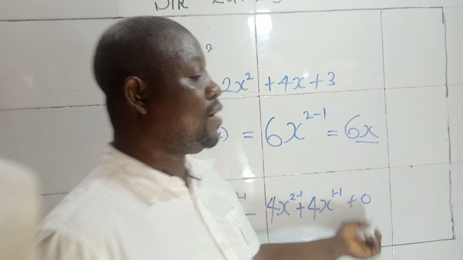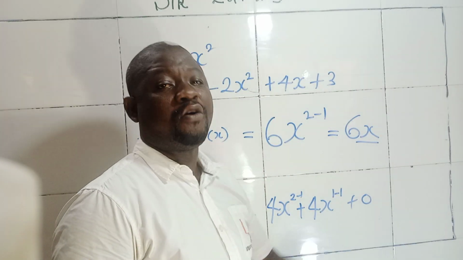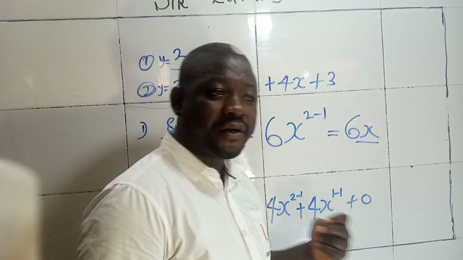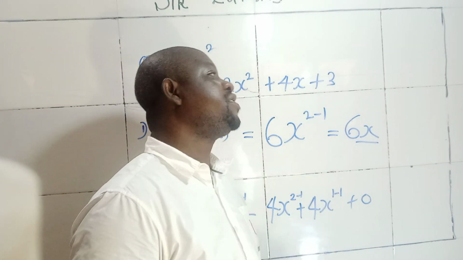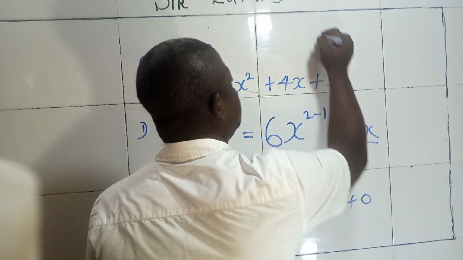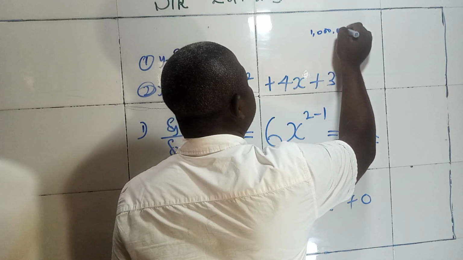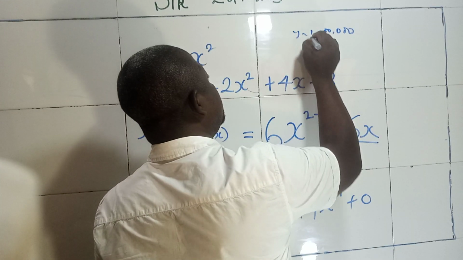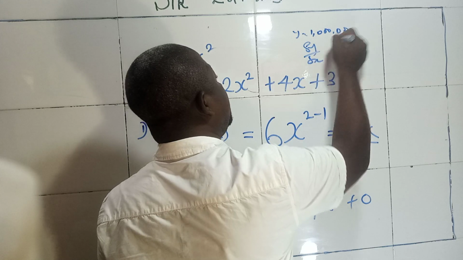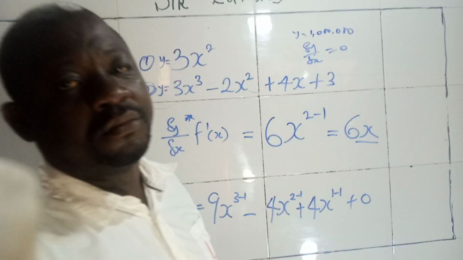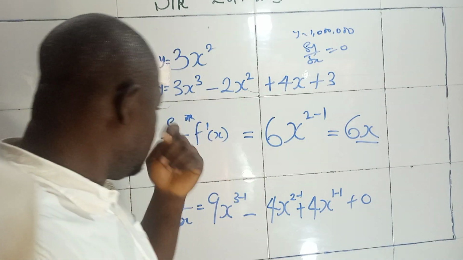They call it a constant, you can put C. That's the rule. When you differentiate a number, even if you differentiate 1 million, the derivative is 0.